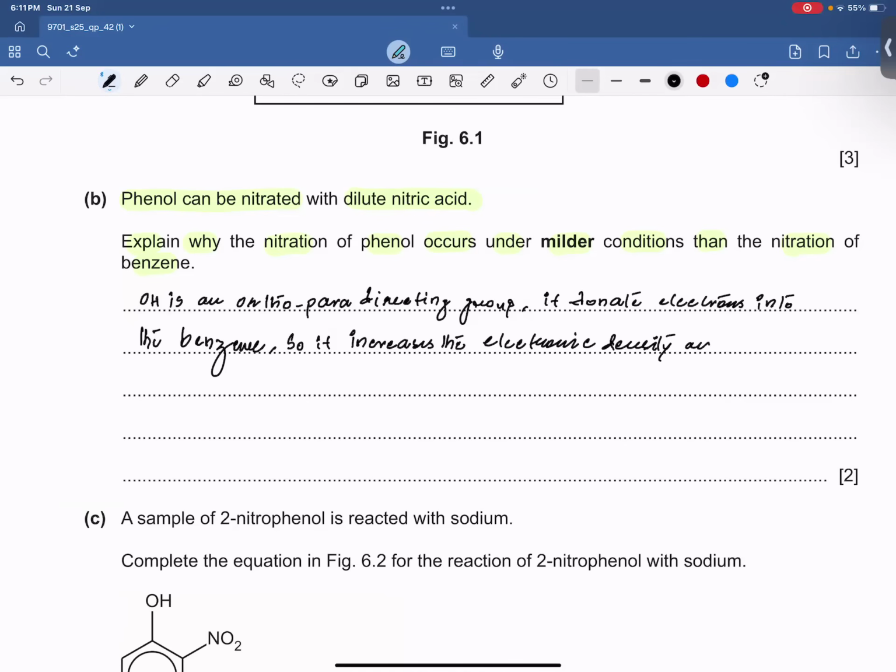Electronic density. And reactivity of the benzene ring. Technically, OH group increases the electronic density specifically on ortho and para position, and those ortho para positions are 2, 4, and 6. That means the negative charge is oscillating on 2, 4, and 6 position. Okay.